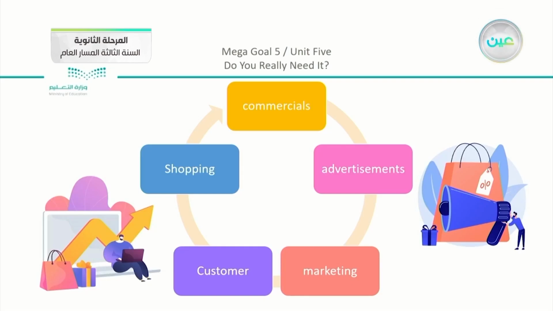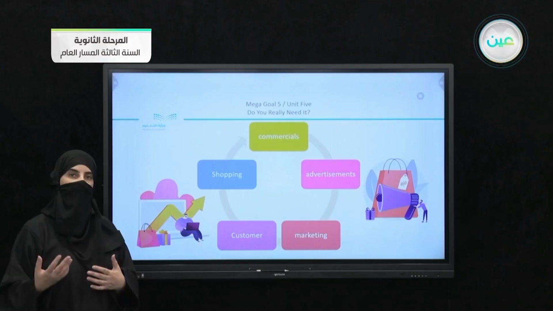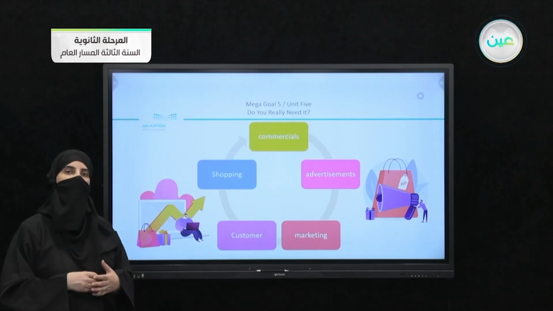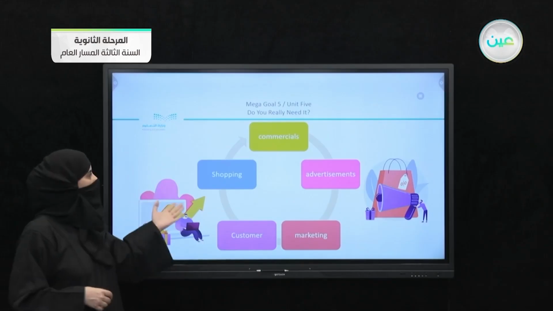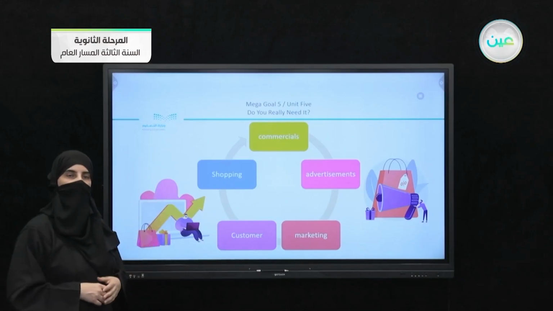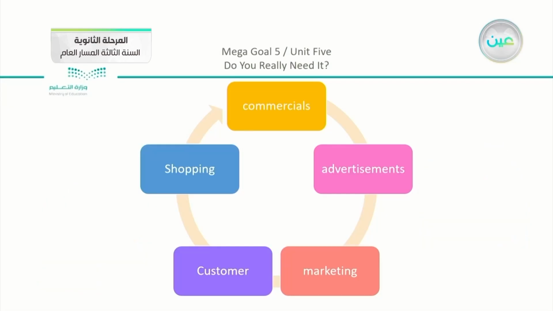They have one reason, which is marketing here. And the marketing, of course, is directed to the customer, so we have here a message they want to send to the customer, and of course the customer will do the shopping. So we're going to just focus on the idea of shopping in general.